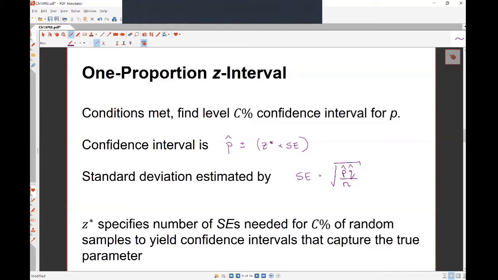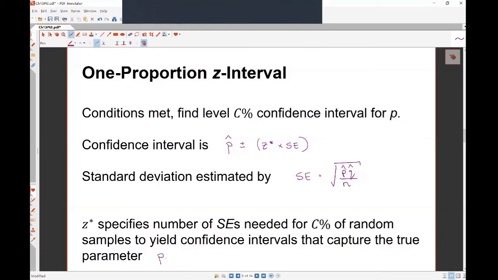That Z star determines how big our confidence interval is. And the bigger our confidence interval, the more likely it is to capture the true parameter of interest. And remember, in this case, our true parameter is P, the population proportion.